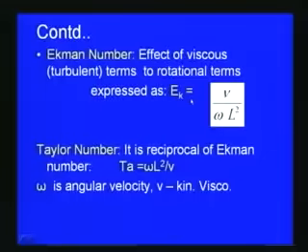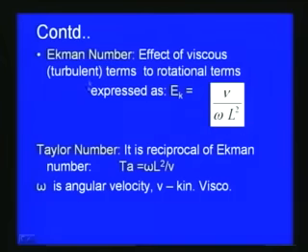And two more important numbers which we generally use in fluid mechanics is an Ekman number. So, here again wherever the rotational effects are considered. So, here Ekman number gives the effect of viscous terms to rotational terms, and it is defined as Ek is equal to nu by omega L square, where nu is the kinematic viscosity, omega is the angular velocity, and L is the characteristic length.